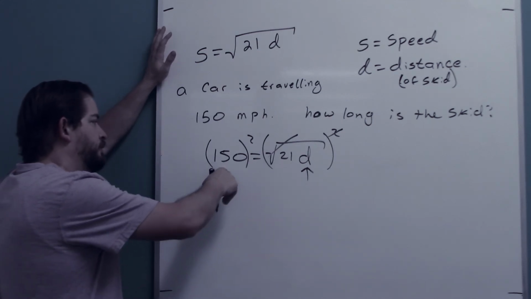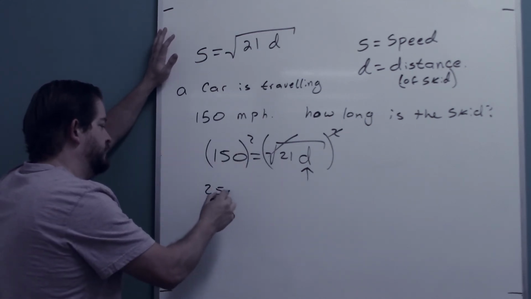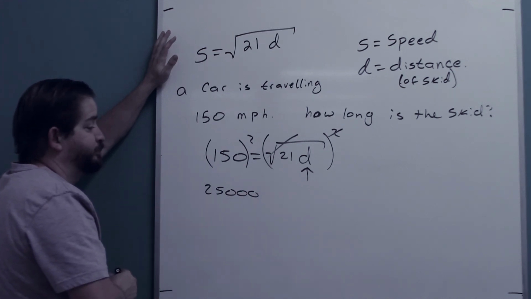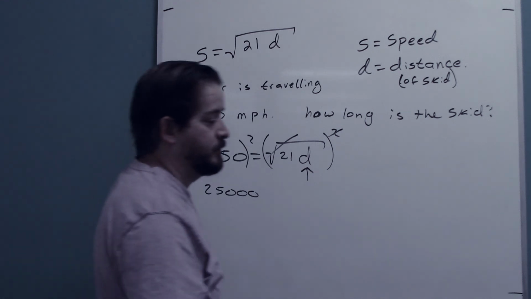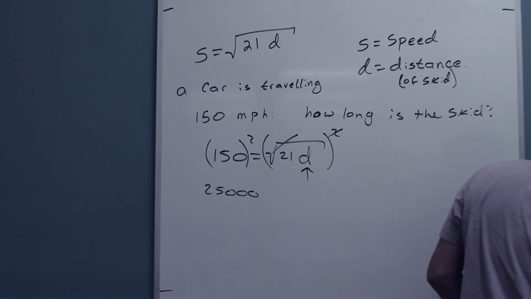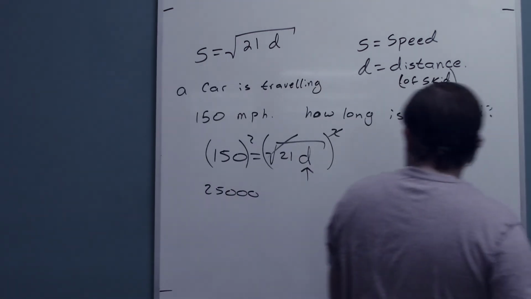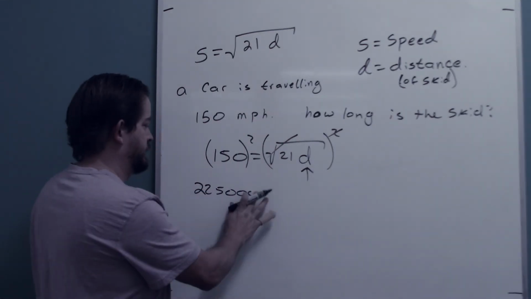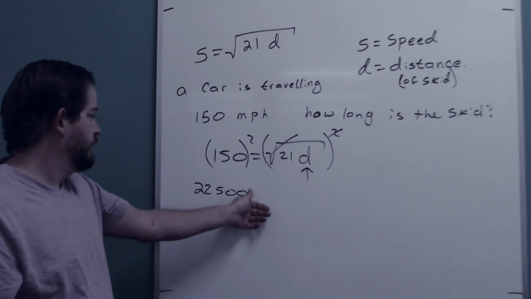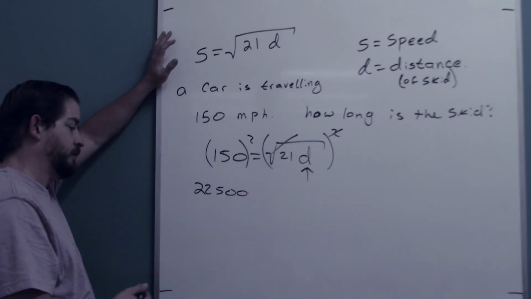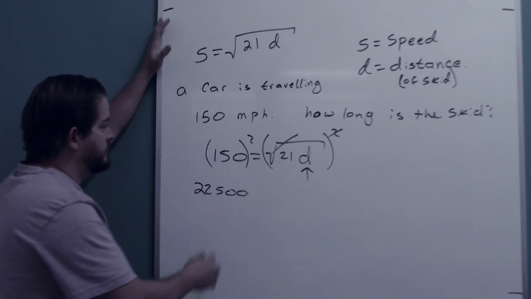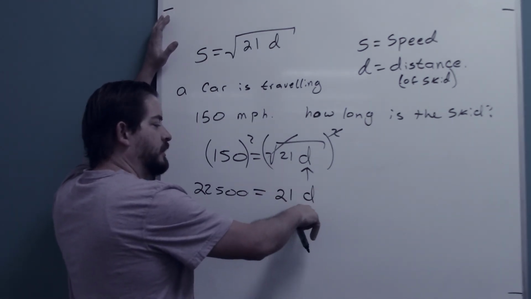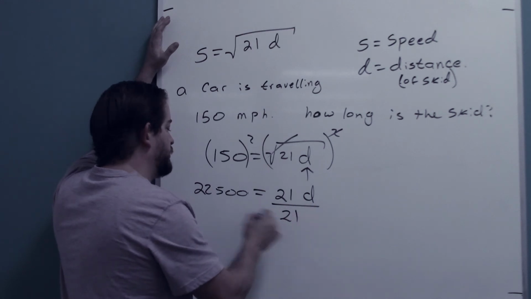So I have 150 squared, which is... I think that's right. I'm going to double check that. Just kidding, I was wrong. It's 22,500 that is. So that's equal to now 21d. And to solve completely for d, I'm going to divide each side by 21.